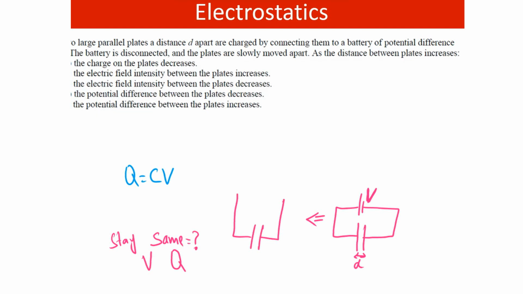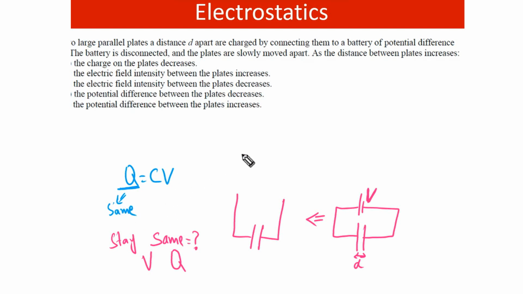When you pull these plates apart, you will do work. The work done by you will be stored in the form of energy. So Q will stay the same. Charge will not go anywhere.